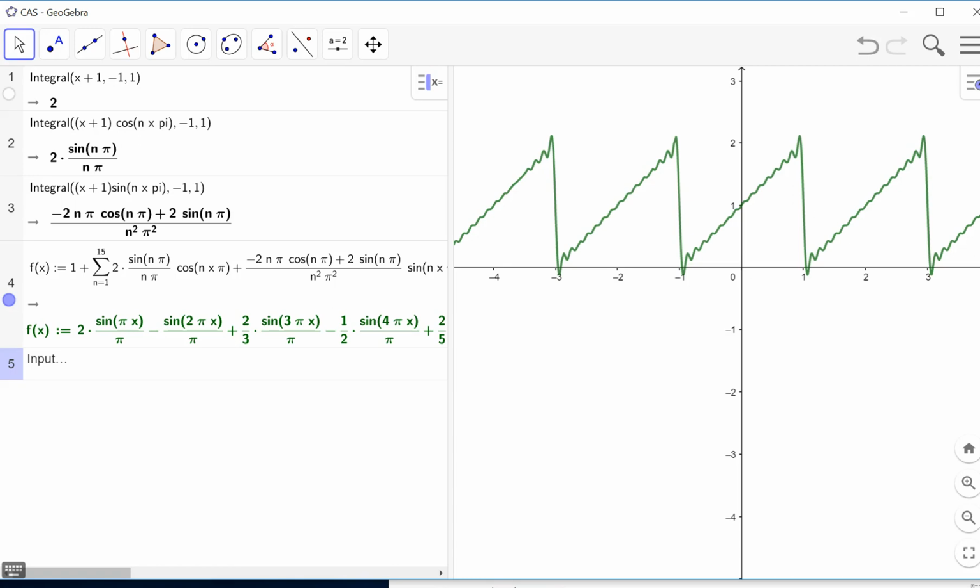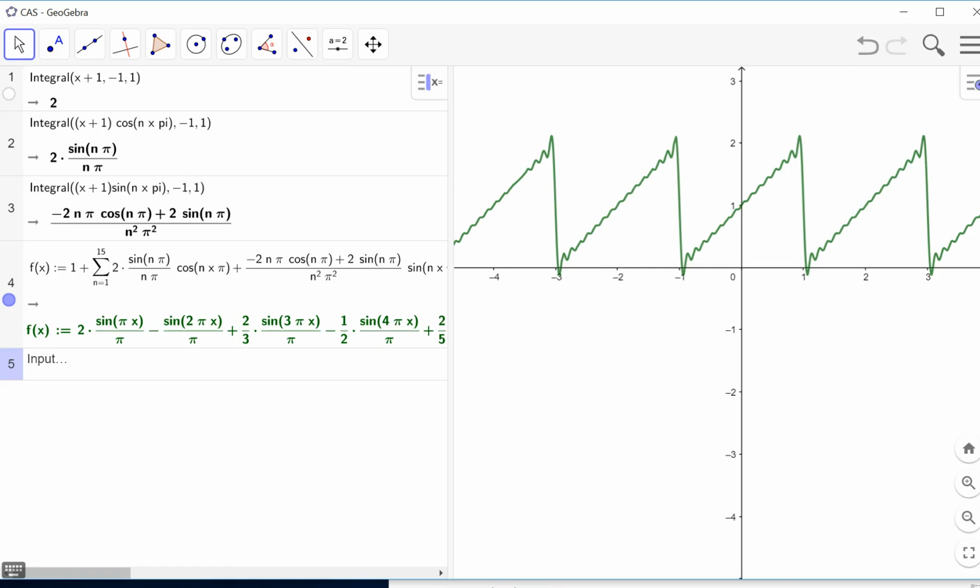What's even better is, where it's discontinuous, your Fourier series will go through the average of the two endpoints. So each of those spots where it's trying to connect the top to the bottom, right there at that point of discontinuity, the value of the Fourier series is the average of the two. So it'll be a half in this case. No, I'm sorry. It'll be 1 in this case because it's the average of 0 and 2.